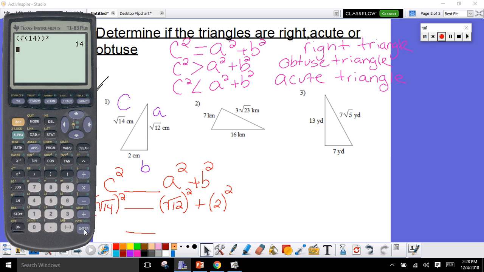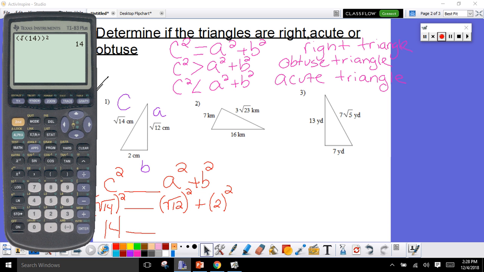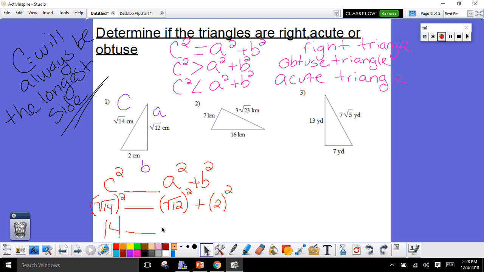I'm going to write that. Then I'm going to use my calculator again and put parentheses, square root of 12 squared plus parentheses 2 close parentheses squared. That gives me a total of 16. So I'm going to write it down in my paper.